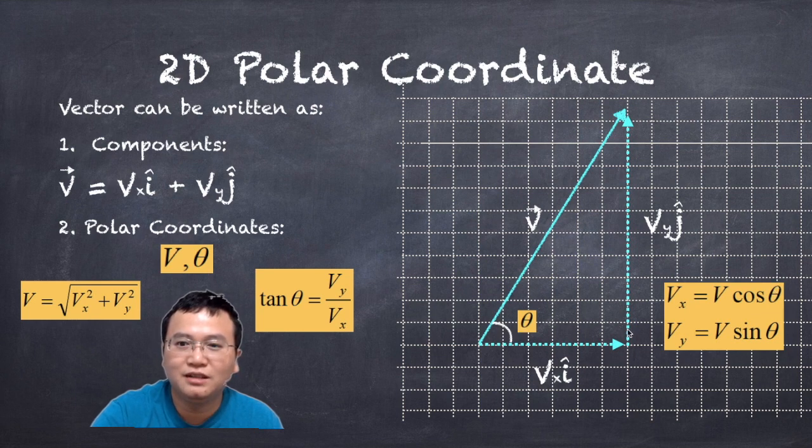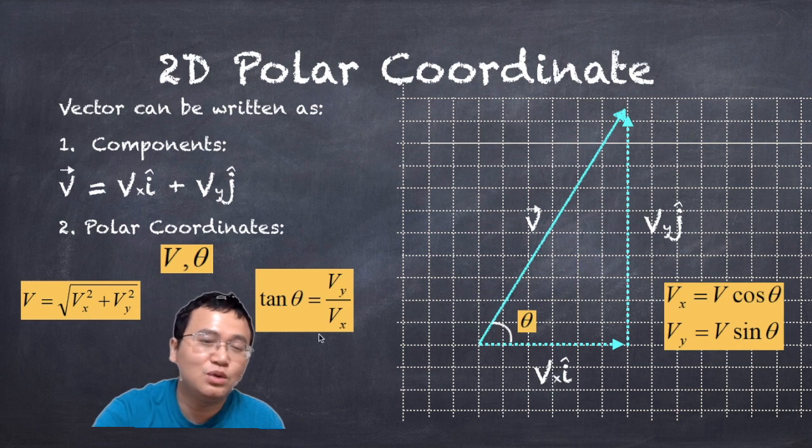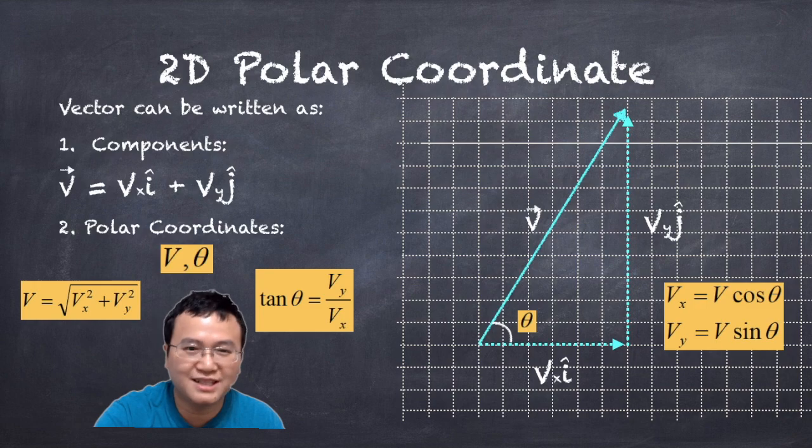To find vy, we say v sine of the angle, and that will give you vy. In problems, if they give you the magnitude and an angle, you can use this to find vx and vy. Alright, so that's pretty much it for 2D polar coordinates. Again, you can write a vector in two different forms: the components form, or the polar coordinates.